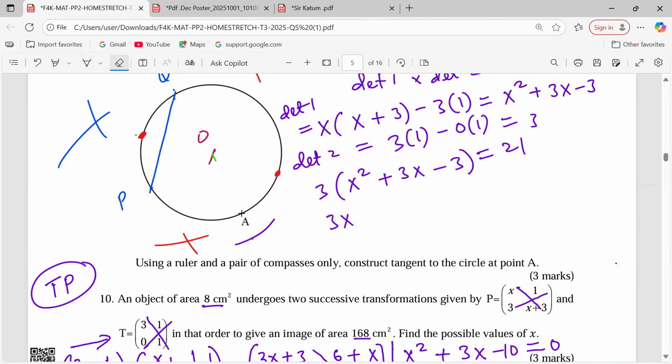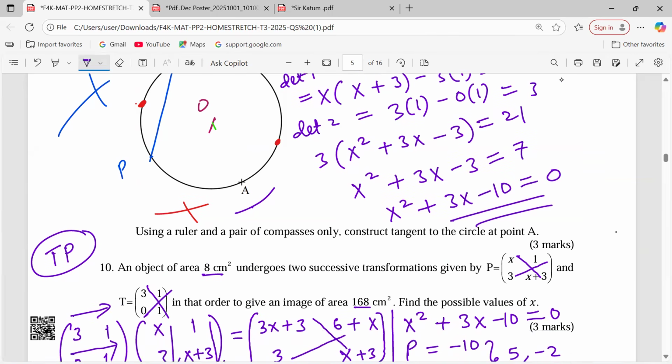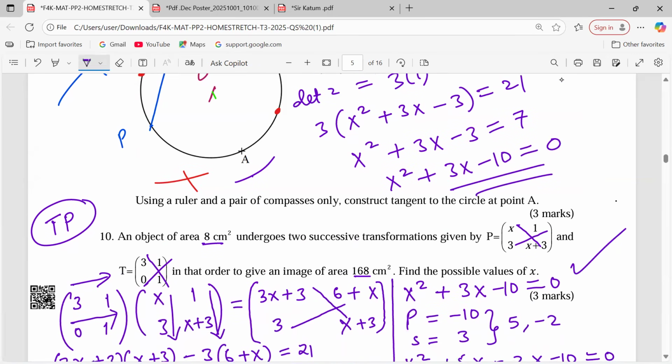Instead of expanding, we can divide through by 3, to remain with x squared plus 3x minus 3 equals 7. x squared plus 3x minus 10 equals 0. We are back to the equation that we were solving. So you will proceed and get the same answers.